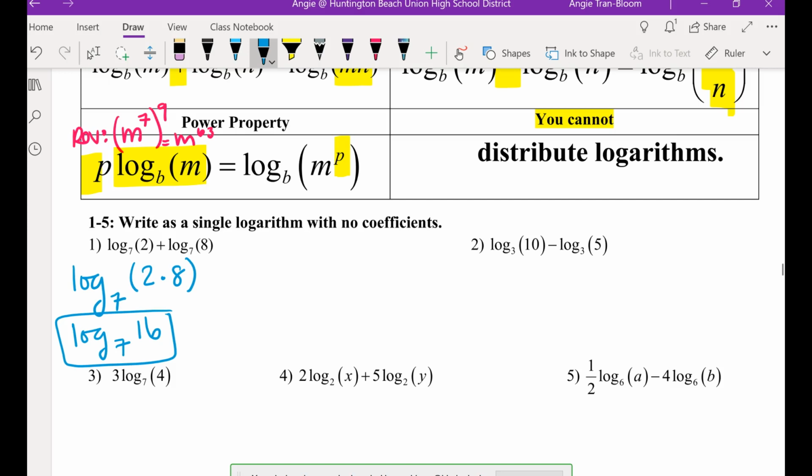Why don't you try 2 for me, and then I'll shuffle your cards so you can give me the final answer. Once you have an answer, turn to your shoulder partner and compare.